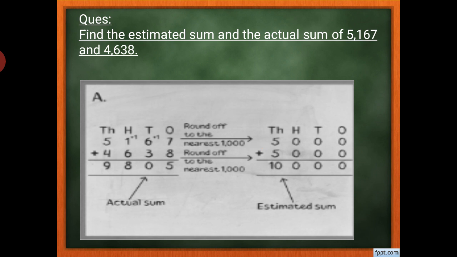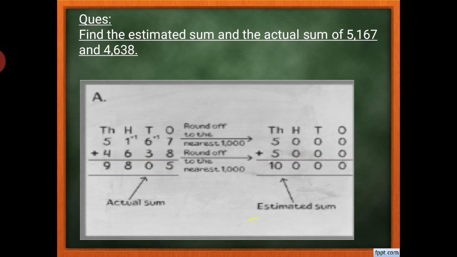So 5,167 becomes 5,000 because it is nearest to 5,000. Then 4,638 becomes 5,000 because it is nearest to 5,000.